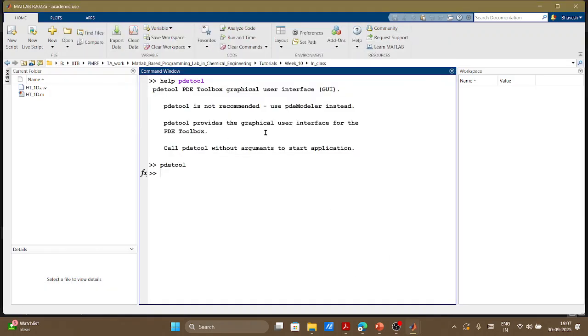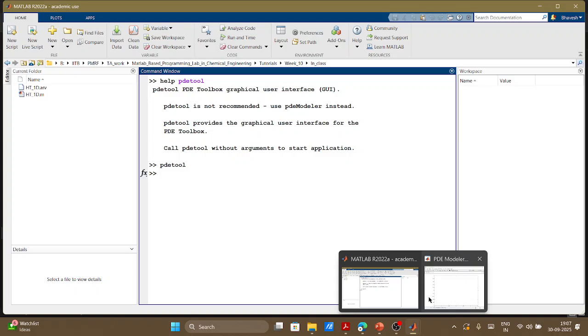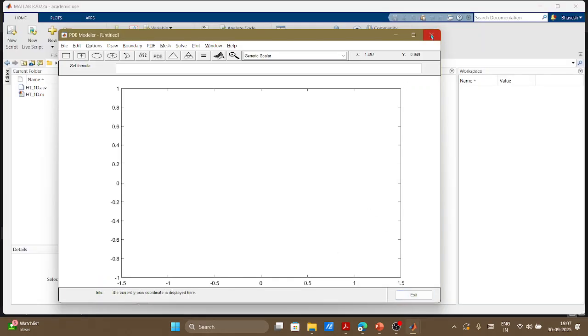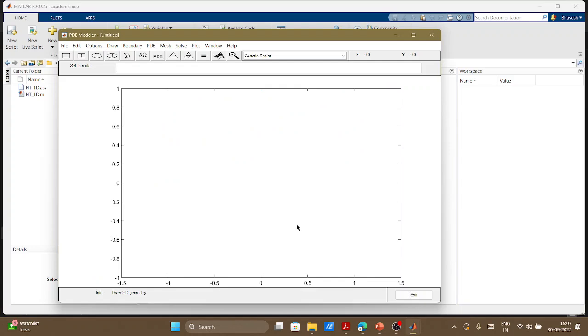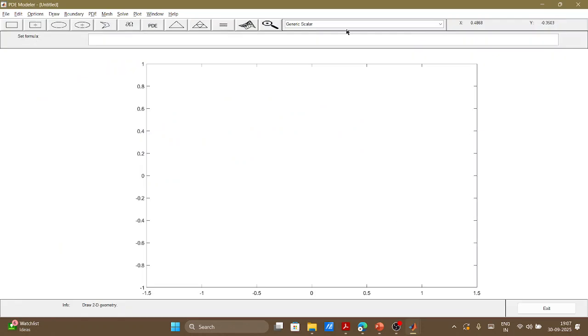Okay, so it's a graphical user interface. If I just call PDE tool or PDE modeler, it will open this GUI based interface. If I write PDE modeler, the same thing will happen. Now the interface of this PDE modeler is that you are given this 2D geometric plane, where you can draw various shapes of your system.